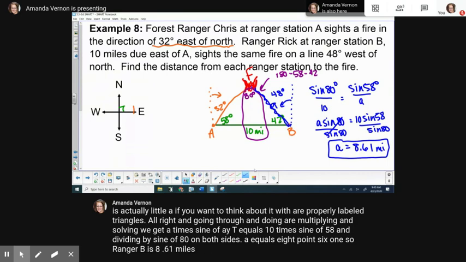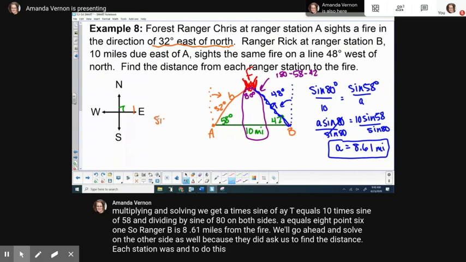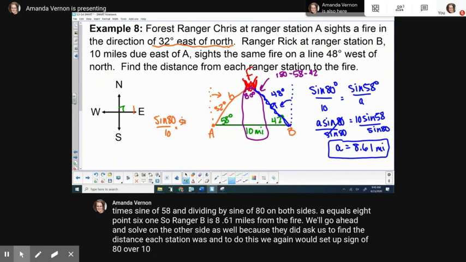We'll go ahead and solve on the other side as well, because they did ask us to find the distance each station was. And to do this, we again would set up sine of 80 over 10 equals sine of, in this case, 42 over B, and doing our solving.